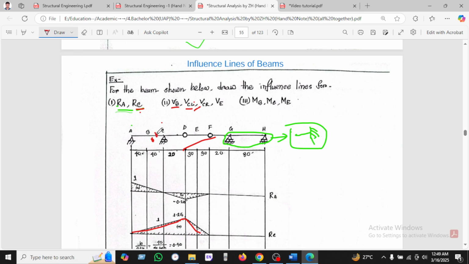We are just putting the cut in the left section, taking this element going down and the other element going upward, so it will be acting like this.